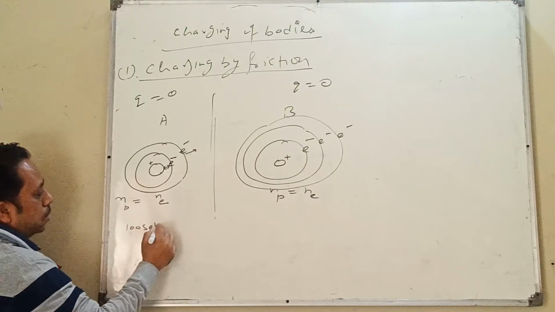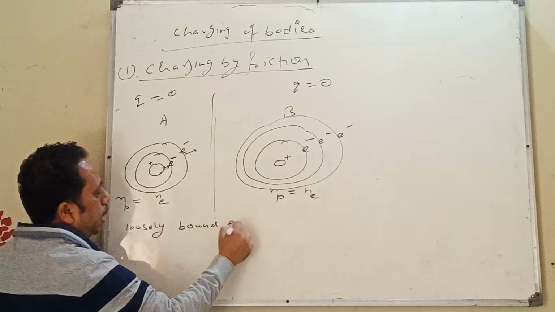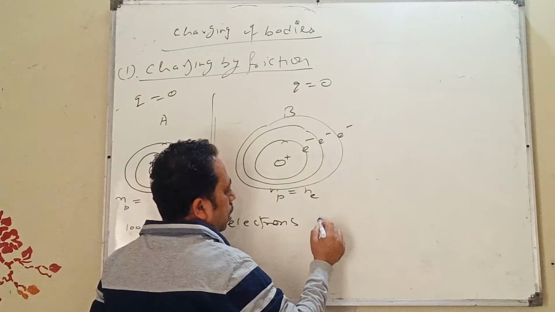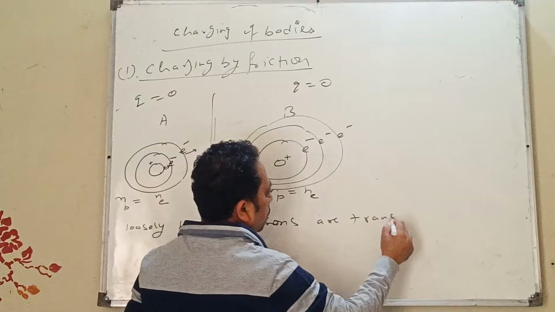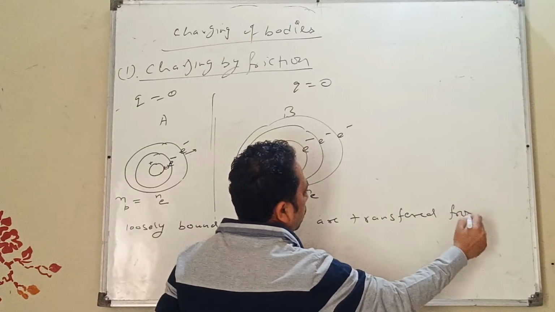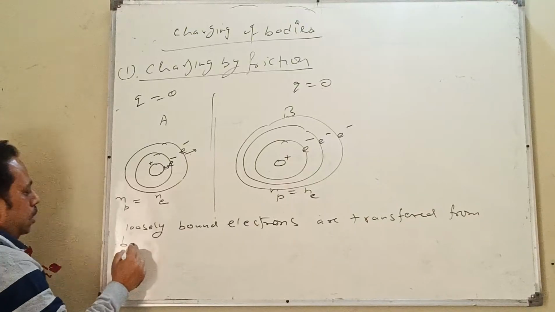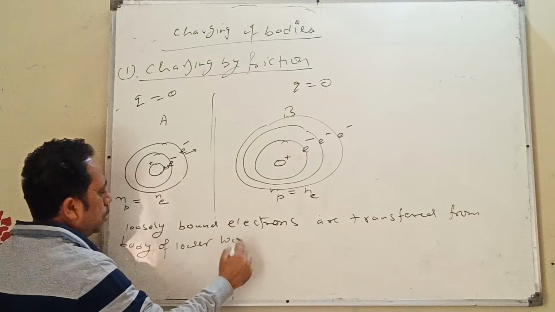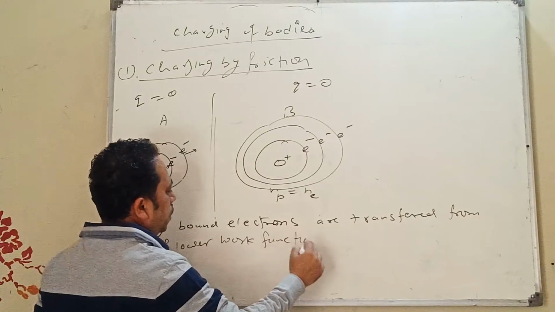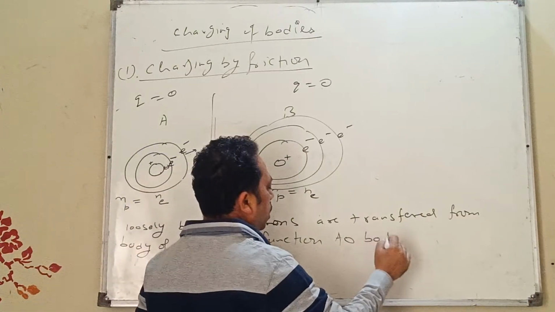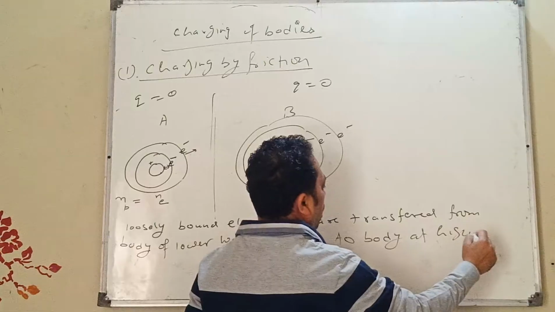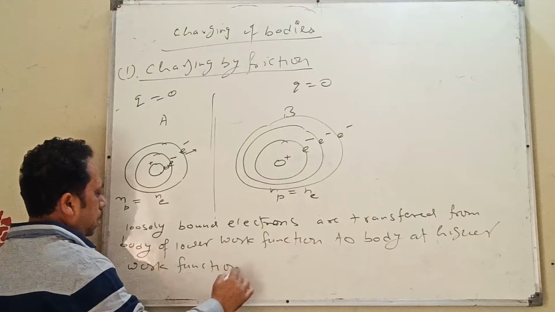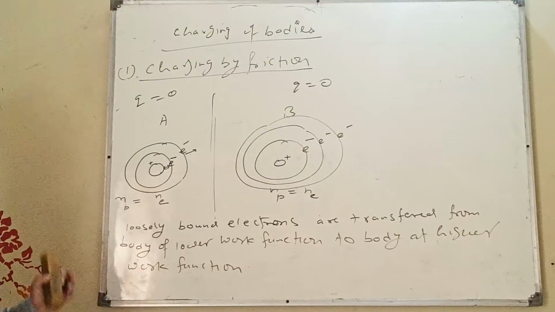Loosely bound electrons are transferred from the body of lower work function to the body of higher work function. Now, how to understand this charging by friction?